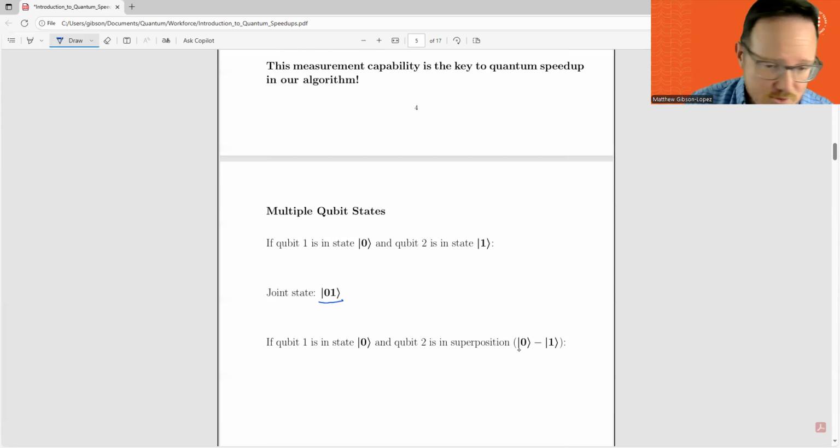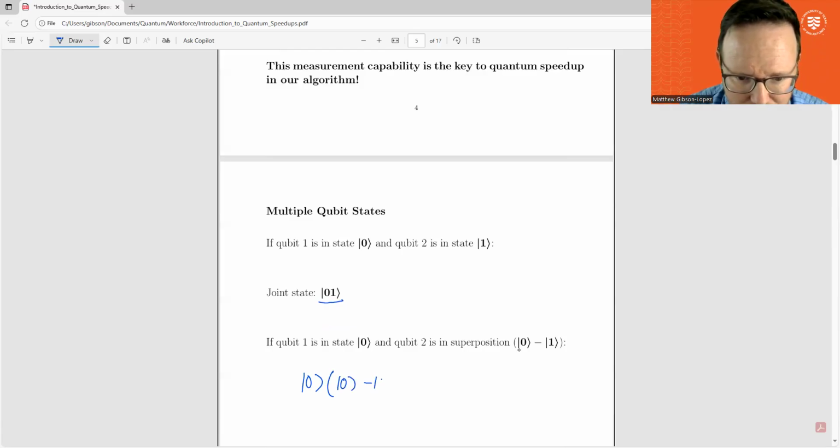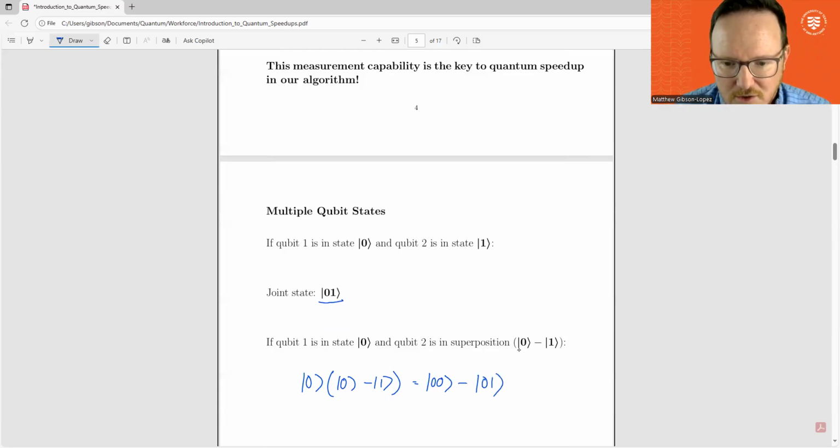In this case, you're multiplying these things together, and I can distribute this through. I end up getting a superposition of 00 minus 01.